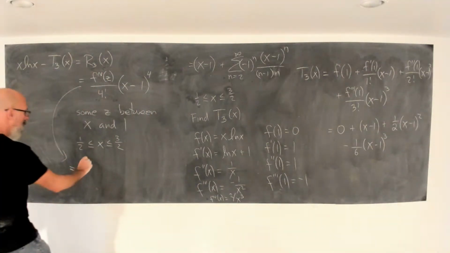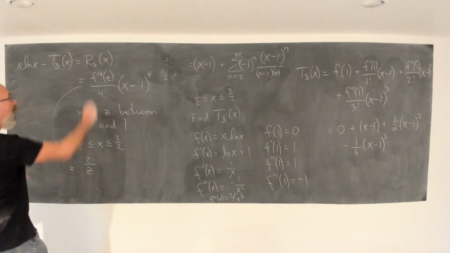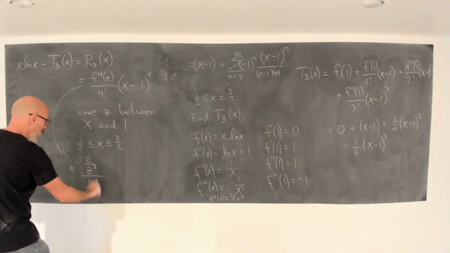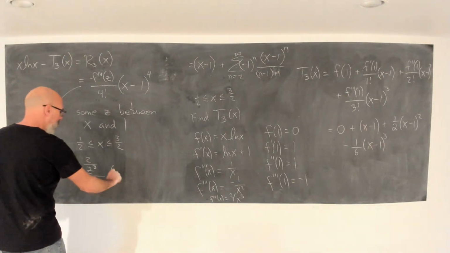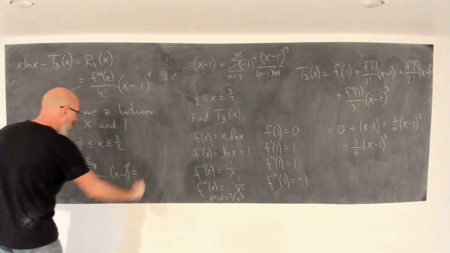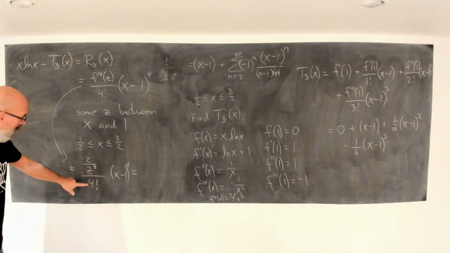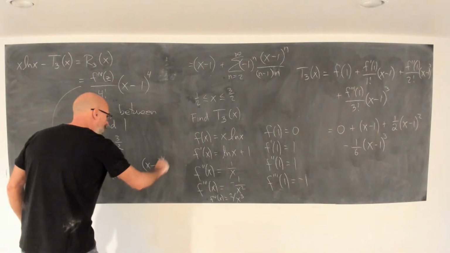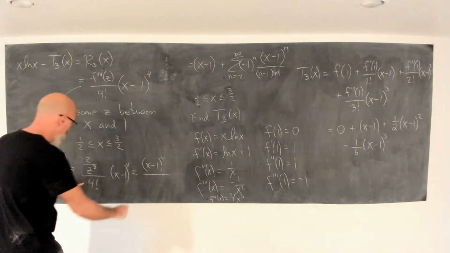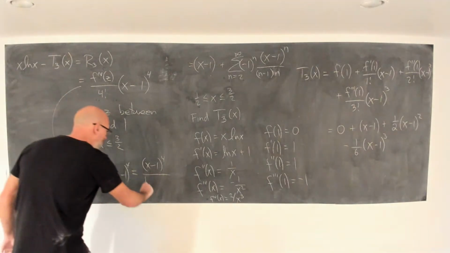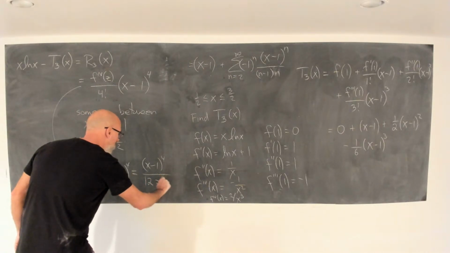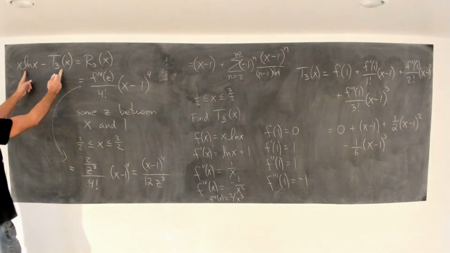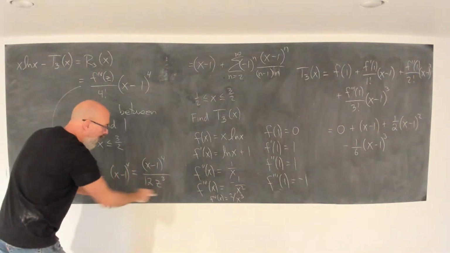So this is really 2 over z cubed over 4 factorial, x minus 1 to the 4, or x minus 1 to the 4 over, I want to say 12 z cubed. So you see, your error is bounded by this.